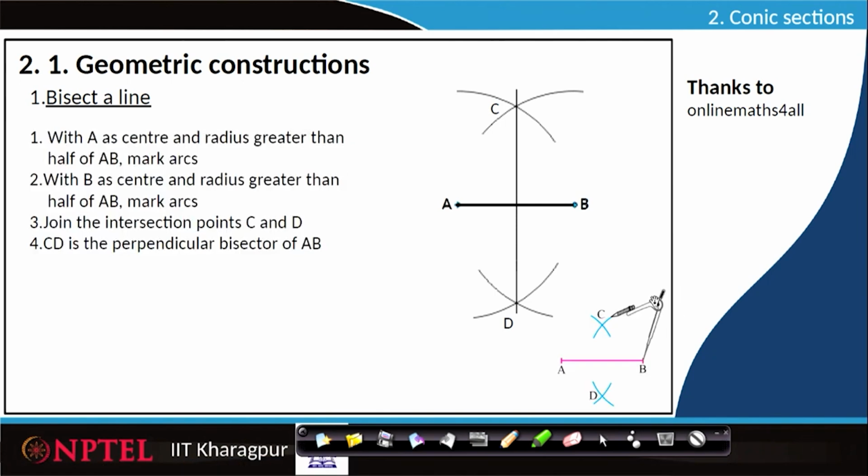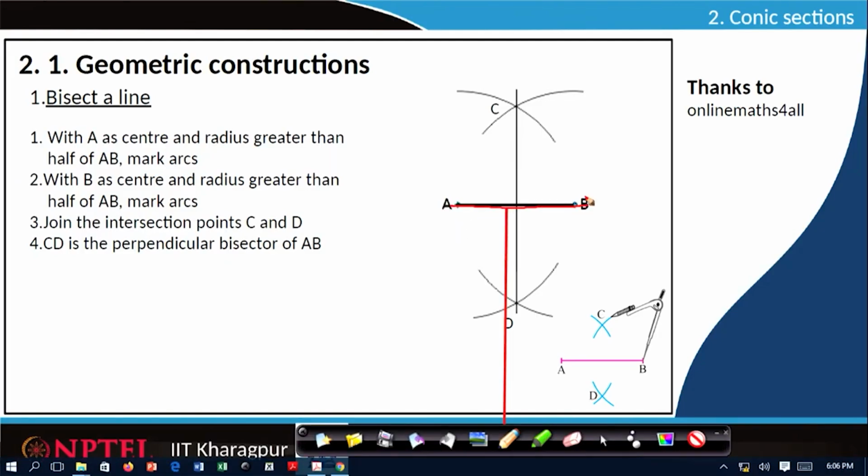Let us look at the steps involved in constructing this bisecting line. The first step is to draw a line AB. And then with A as center, so here we are going to use our compass, keep it as a center, and take a radius greater than half of AB.